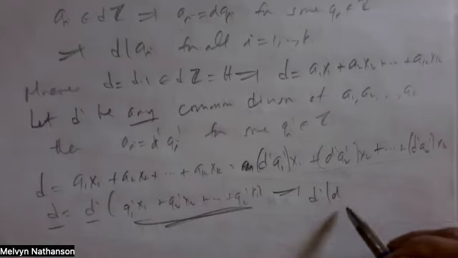So d is d prime times (q1 prime x1 plus q2 prime x2 plus qk prime xk). So d is d prime times an integer, which means d prime divides d. So d is a common divisor of my integers a1 up to ak, and it's divisible by every other common divisor. So this means that d is the GCD of a1, a2 up to ak.